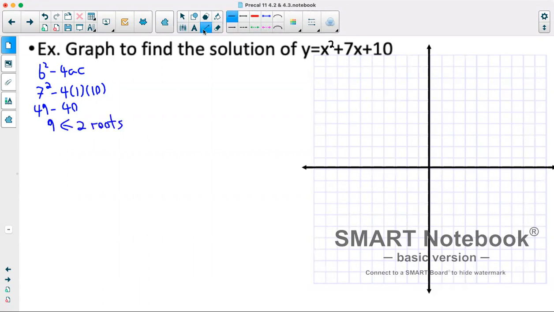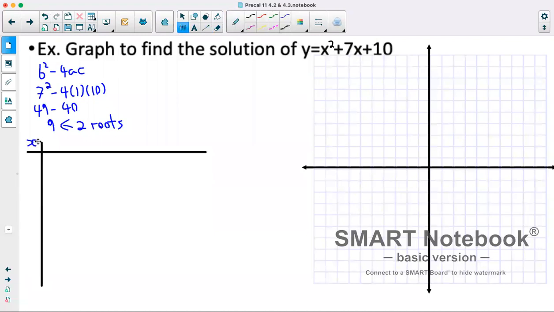So we'll do a table of values. I'll start off with my usual -3 to +3. And we have our equation x squared plus 7x plus 10. Okay, so we have -3 squared plus 7 times -3 plus 10.